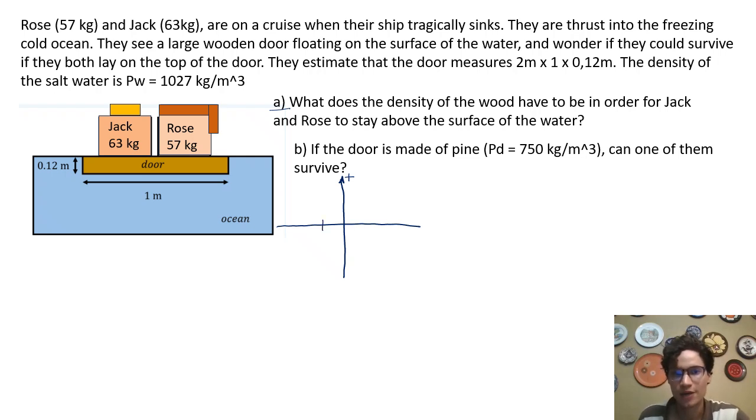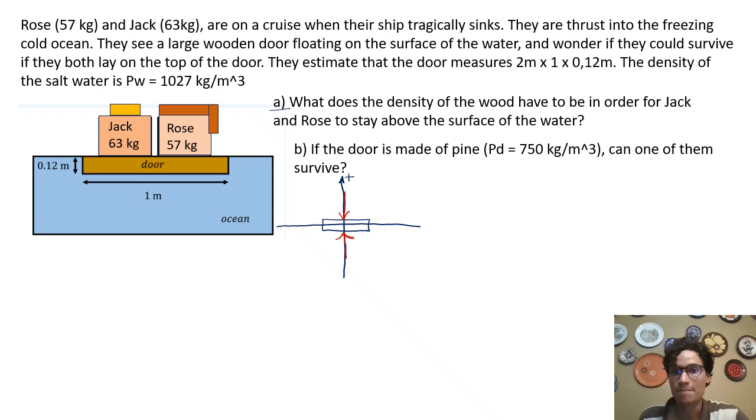Here we have the door, and the forces acting here are basically the total weight of the door combined with the weight of Jack and Rose, and the force that will be counteracting the weight will be the buoyant force. The buoyant force must be greater, or at least equal to the total weight of the door, Jack, and Rose.